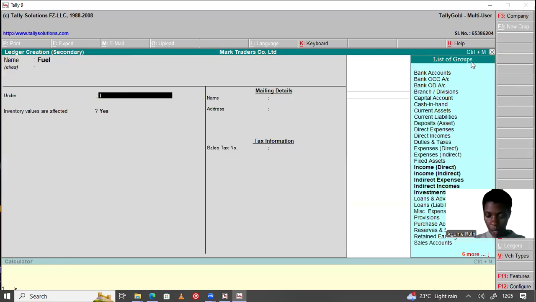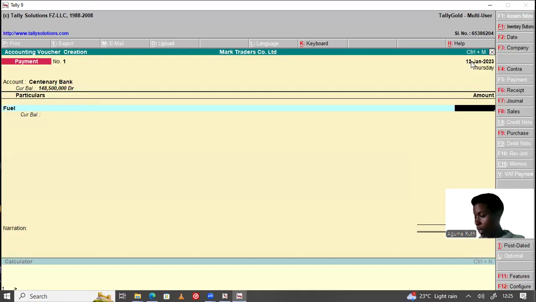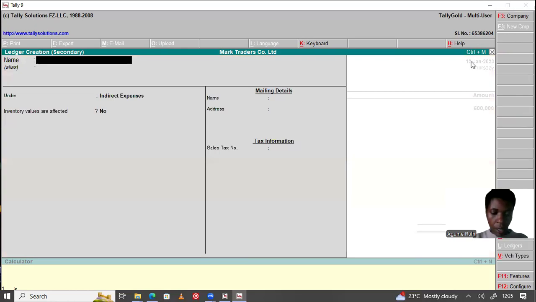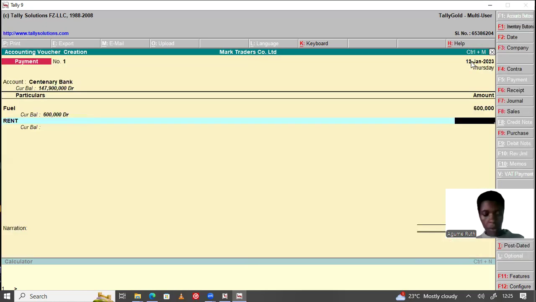It is under indirect expenses. Then I say 600,000. Then I create another, rent. It is under indirect expense, which is 200.